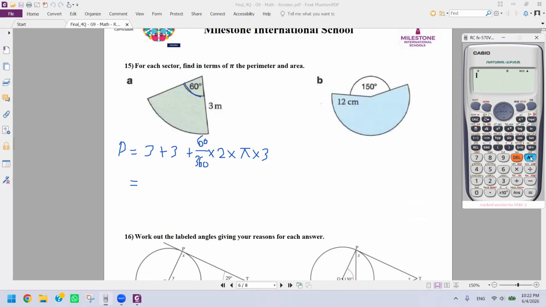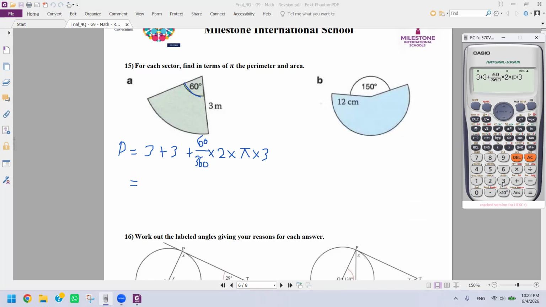Let me do it on the calculator. 3 plus 3 plus 60 over 360 times 2 times pi times 3. Here, I guess we will have a problem.